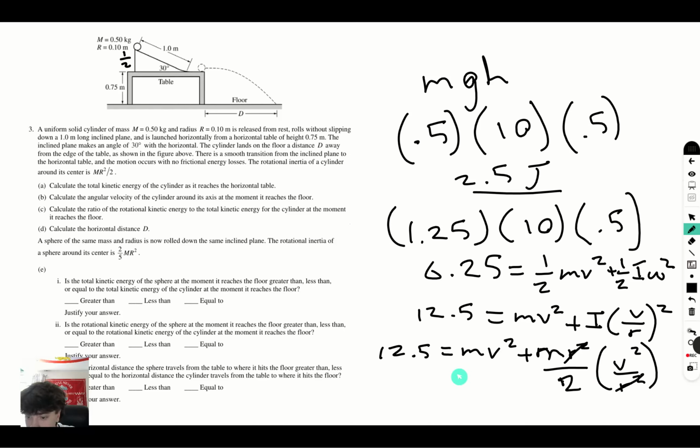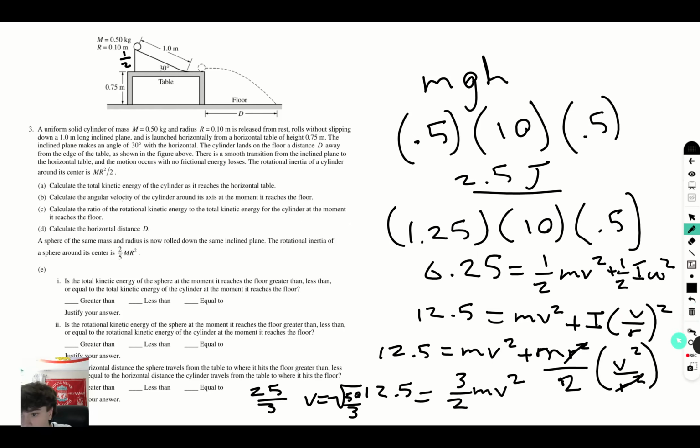So from here we can see that we have 3/2 mv squared is equal to 12.5. So therefore our mv squared is equal to 25/3. And we're given a value for the mass, which is 0.5. So divide by 0.5, our v squared will be 50/3, so our v is going to be square root of 50/3.